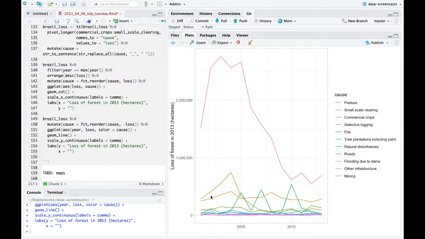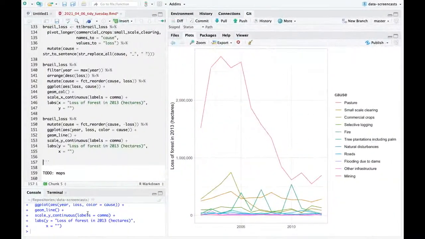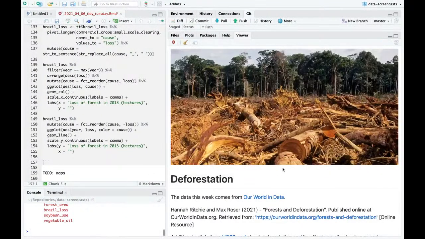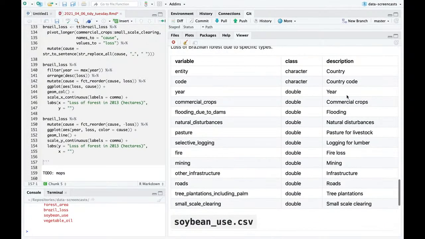And commercial crops used to be, I don't know the difference between pasture and commercial crops. Let's see, do we have this in the documentation? Pasture for livestock.